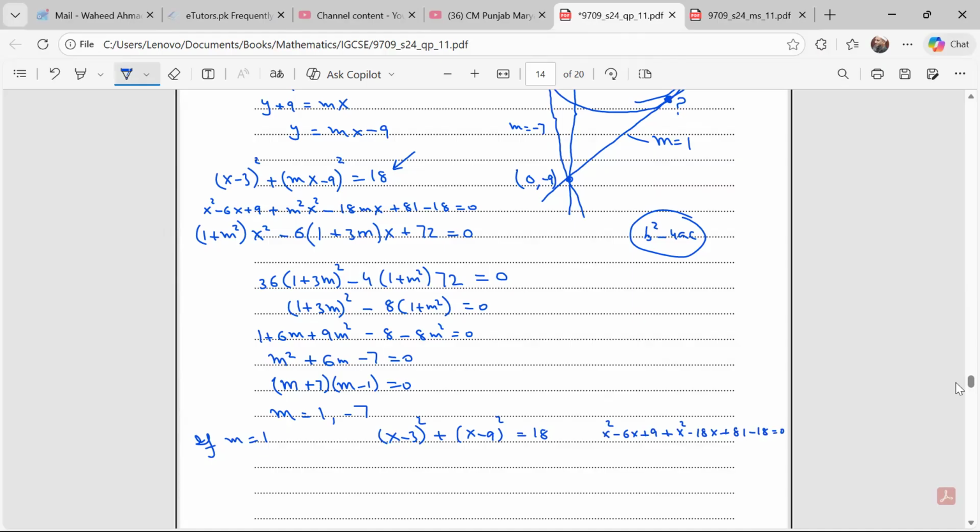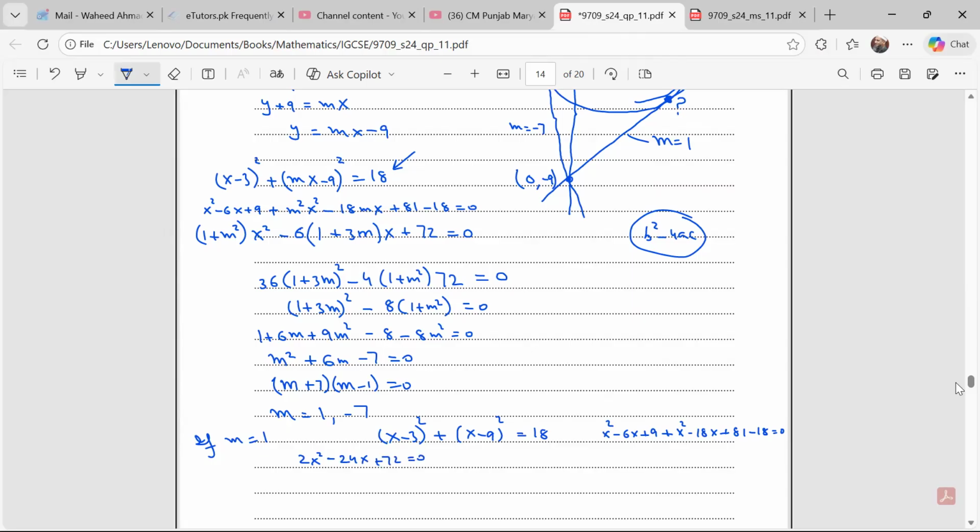So this will be simplified as x squared plus x squared, it is 2x squared, and minus 6x minus 18x, it is minus 24x, and 81 minus 18 plus 9, it is 72, equal to 0.